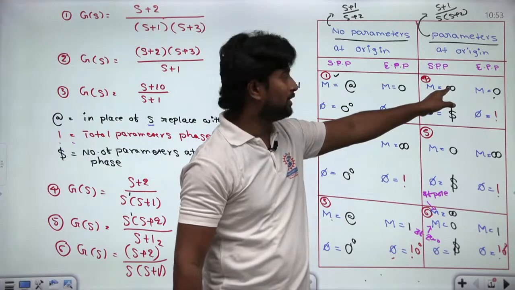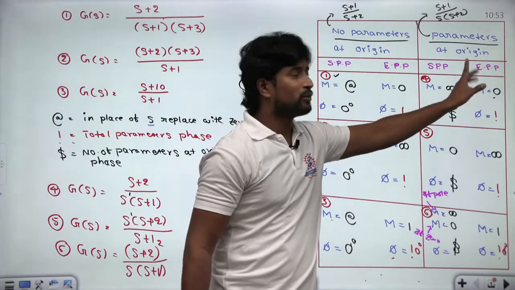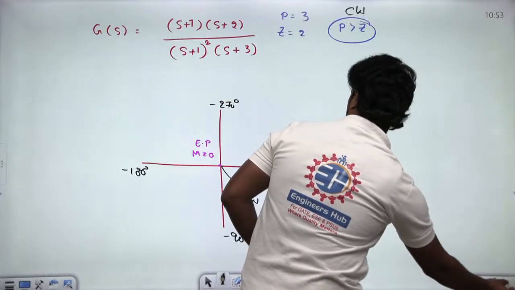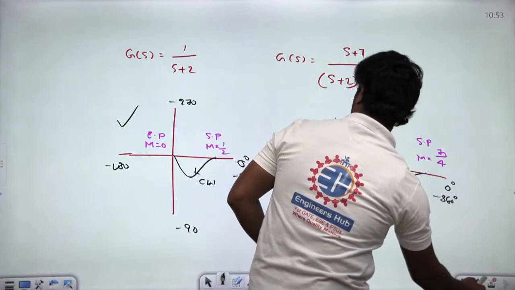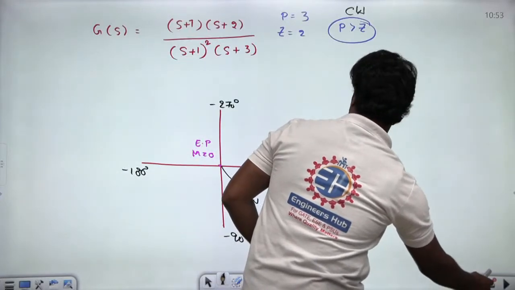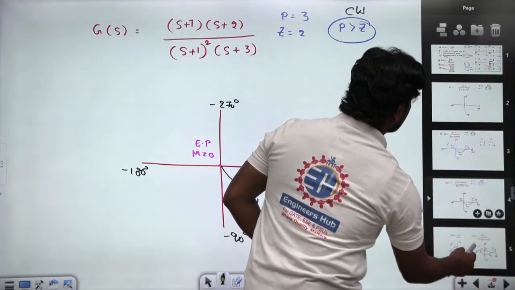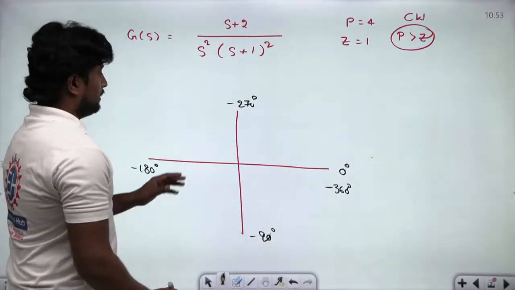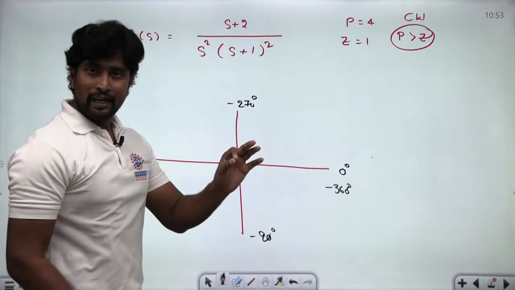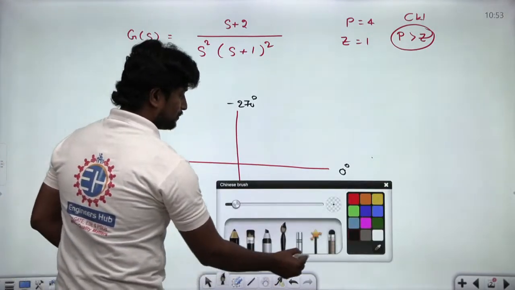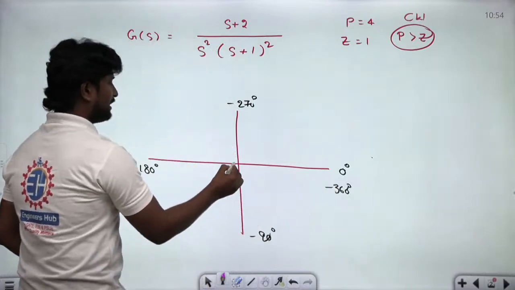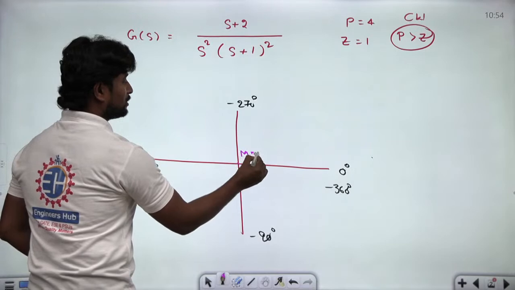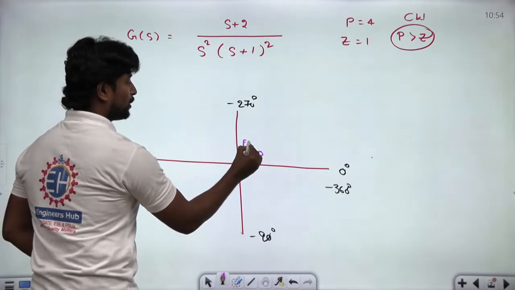Infinity. And the ending point magnitude equals 0. Guys, see carefully. Starting point magnitude equals infinity and ending point magnitude equals 0. It's clear, no problem.